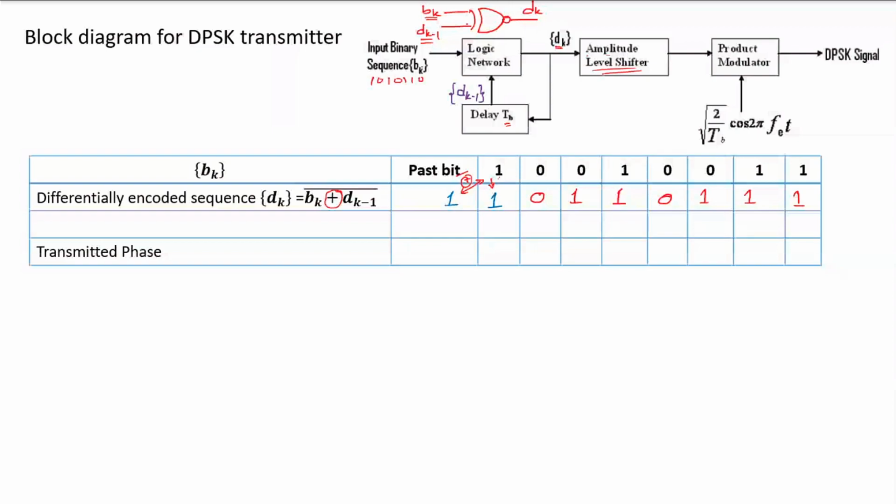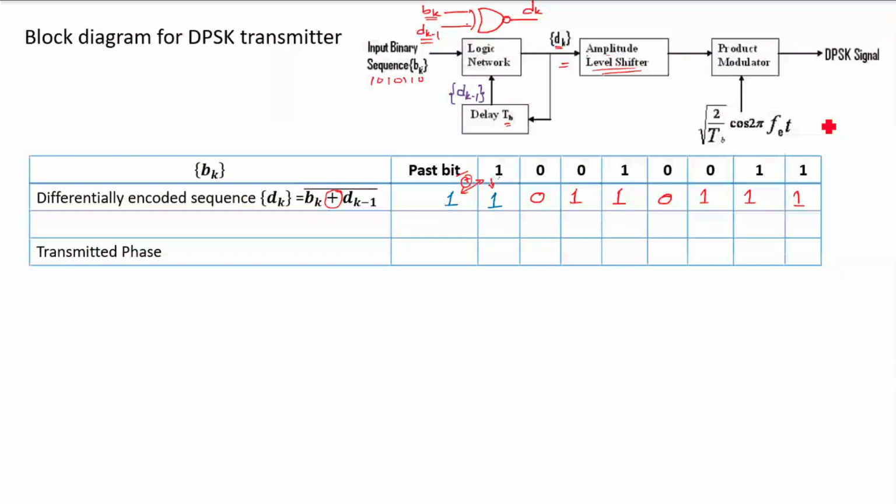Any doubts here in this sequence? This is nothing but differential encoding. First there is differential encoding in the DPSK system, then phase shift keying. This part here is differential encoding, and this part is nothing but BPSK.